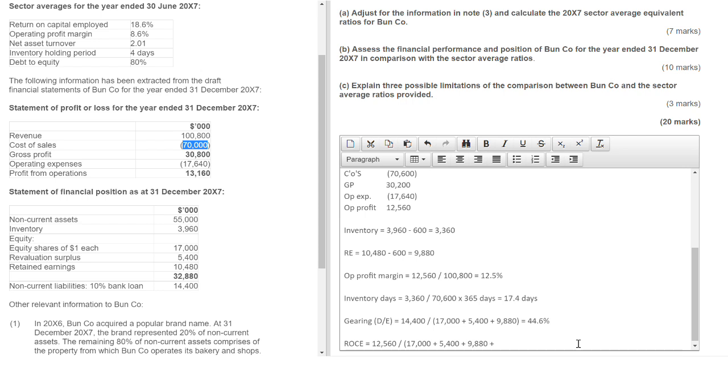But don't forget to add on the debt figure to work out your capital employed. So 17,000 plus the 5,400 plus 9,880 plus the 14,400. So you should end up with capital employed of 46,680.